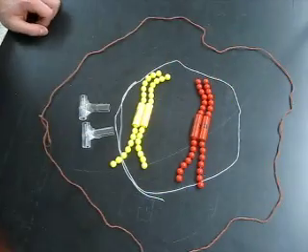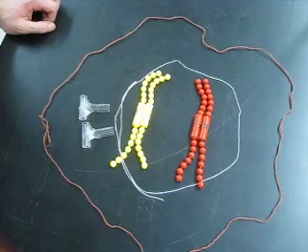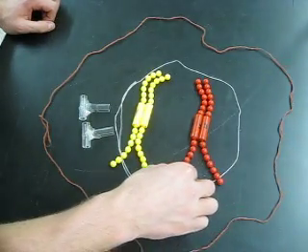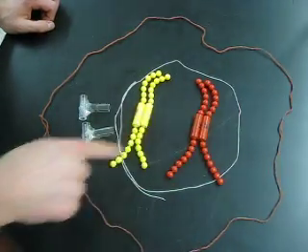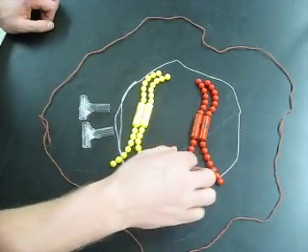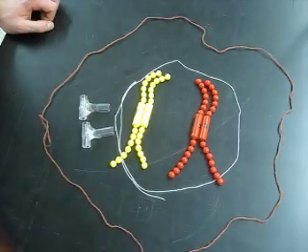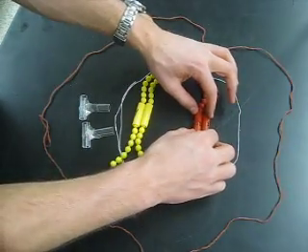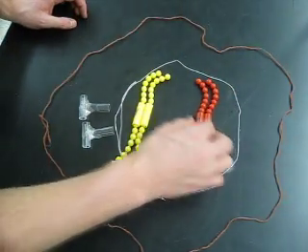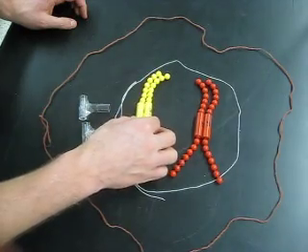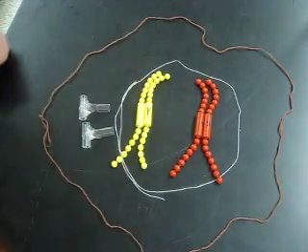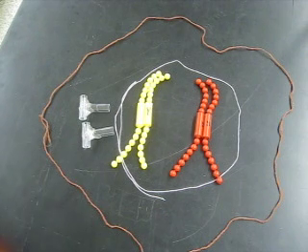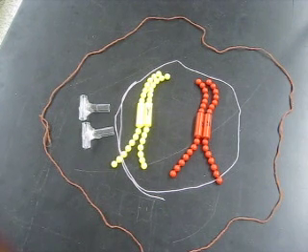The middle of it is called the centromere, and along the centromere we have the duplicated chromosomes, and each you can call a chromatid. So two chromatids make up each set here. So that was interphase.